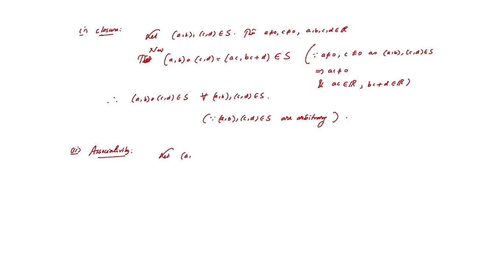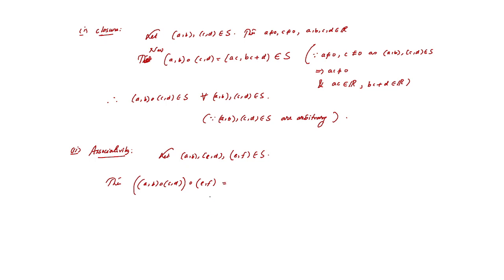So we'll take three elements (a, b), (c, d), (e, f) belonging to S. Then first ((a, b) ∘ (c, d)) ∘ (e, f).